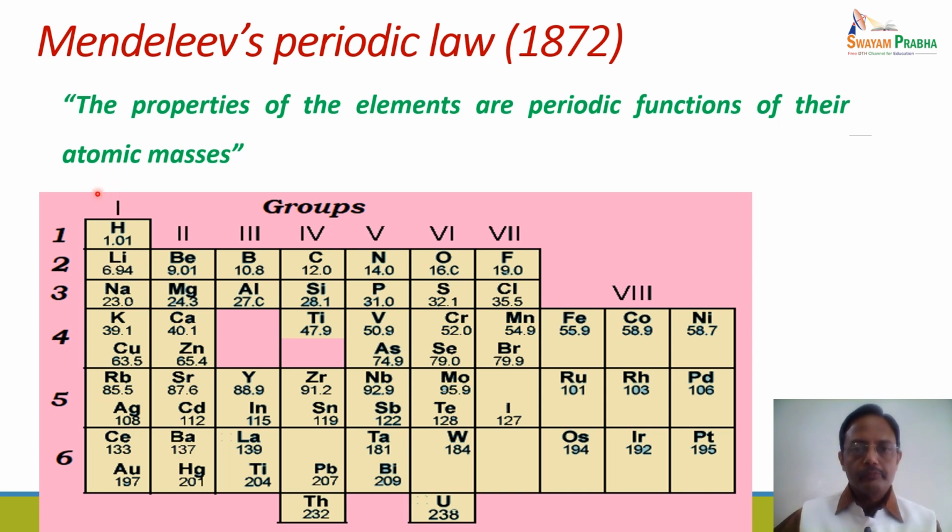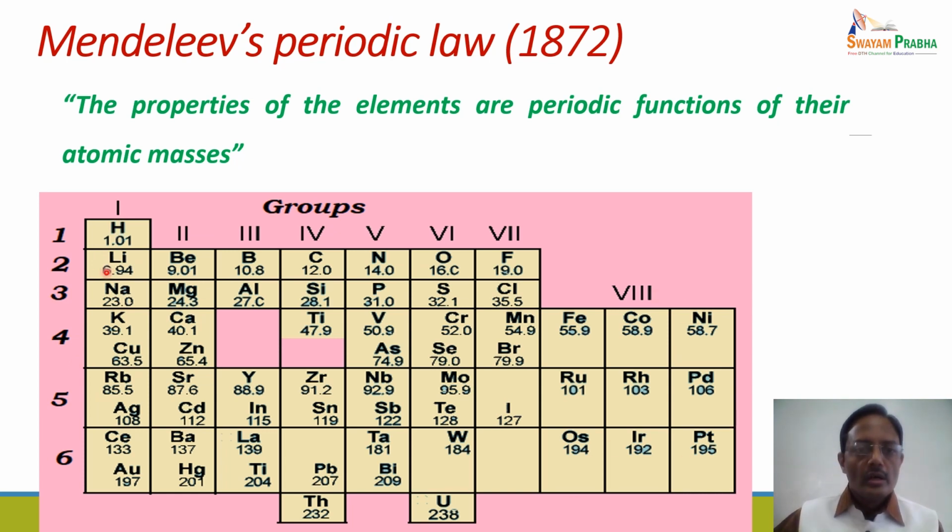For example, Mendeleev's periodic law put the elements into 8 different groups, group 1, 2, 3, 4, 5, 6, 7 and 8, and the elements were placed in horizontal rows called periods. So period 1, 2, 3, 4, 5, 6. And elements having identical properties belong to the same group.